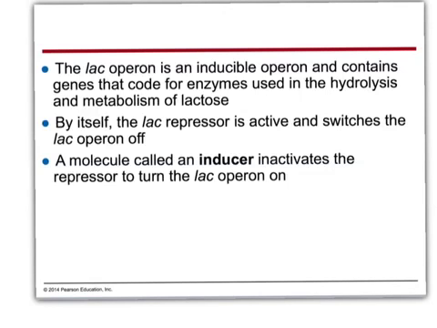In order to do that, it has to turn on the genes that are important in breaking down lactose, in metabolizing lactose. Normally they're off because glucose is there. And so why produce the genes that break down lactose when we don't need to? So normally it's off, but when glucose is low or absent, the cell will utilize lactose as an energy source.